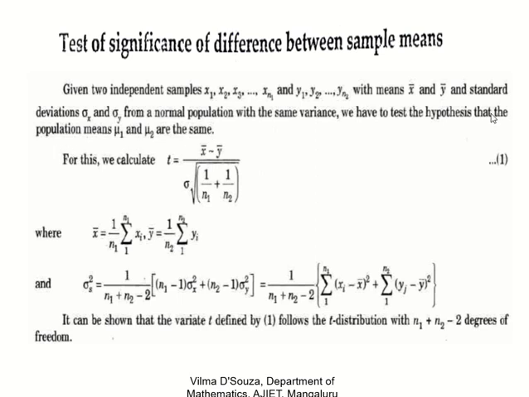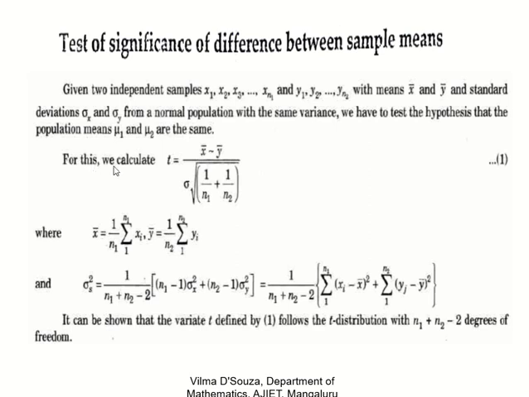Given two samples, the first containing n1 elements and the second containing n2 elements, we need to test whether the population means mu1 and mu2 are the same.